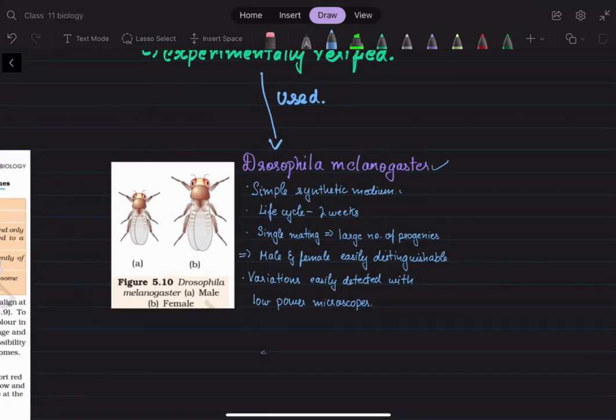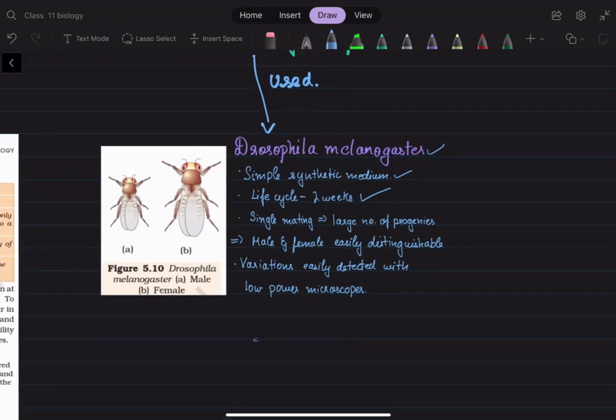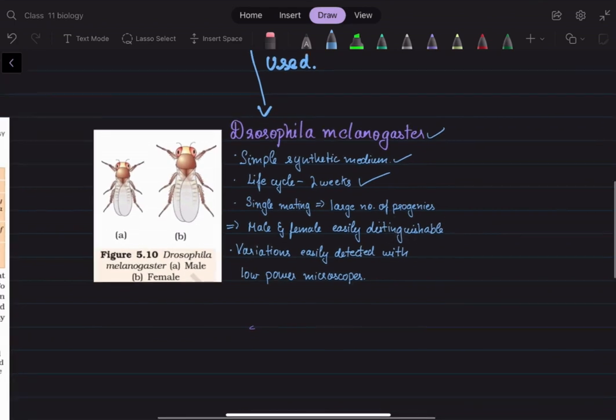First, it could grow easily on simple synthetic medium, and its life cycle was pretty short. It was just 2 weeks, and a single mating would produce so many offspring or progeny. So they could analyze all the offspring and progeny easily.